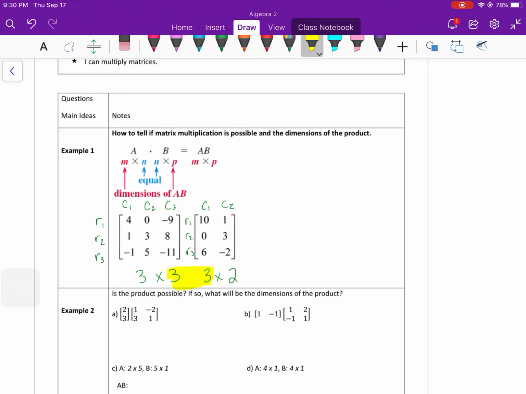Since these two dimensions are the same, you can find the product. So you would be able to find the answer, and the answer would be a 3 by 2 matrix itself. Those outside dimensions are the answer dimensions.